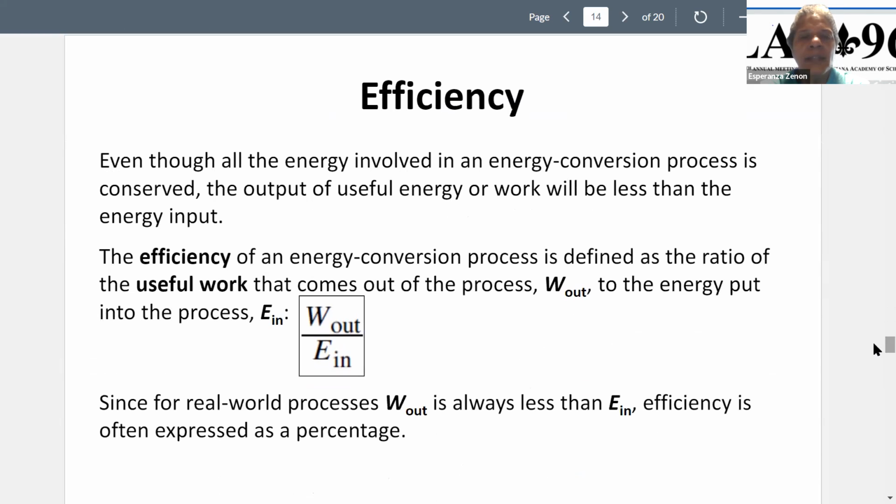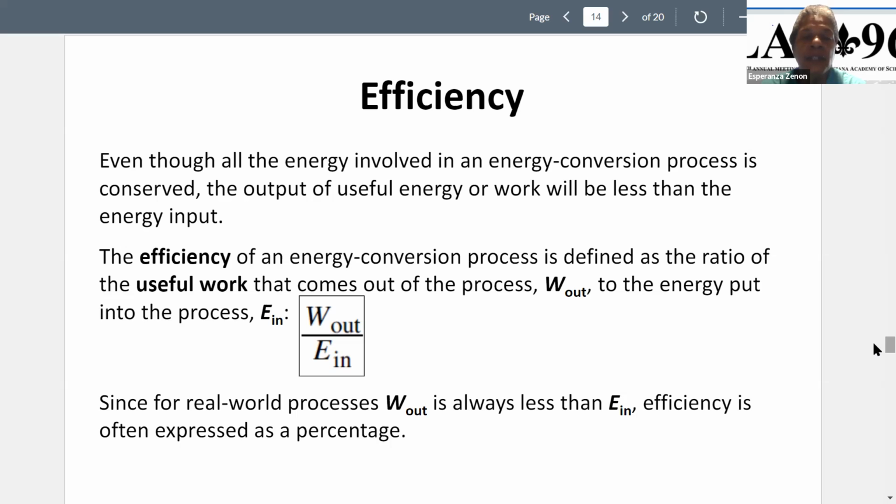Efficiency. So efficiency is a means of looking at how useful is the energy that you put in. So it looks at the ratio of the work that you get out versus the energy that you put in. So you put some energy in, you get some work out. You put some gas in, your car goes.